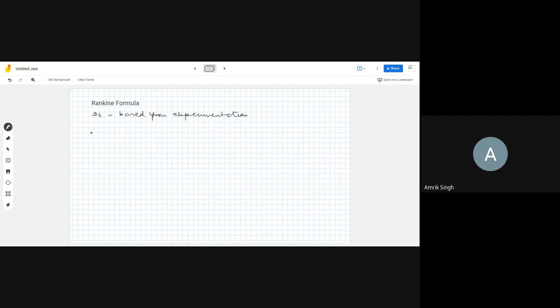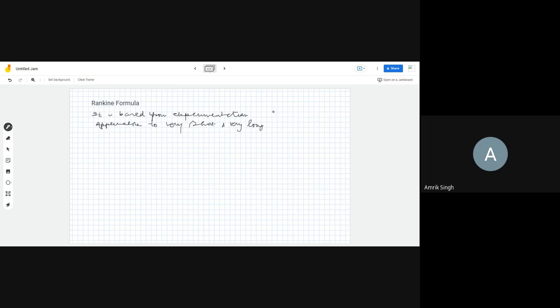Number two, this is applicable to very short and very long columns. Because we have seen 30 to 80 is for the medium columns. So beyond 80, beyond 100, the very long columns stay.